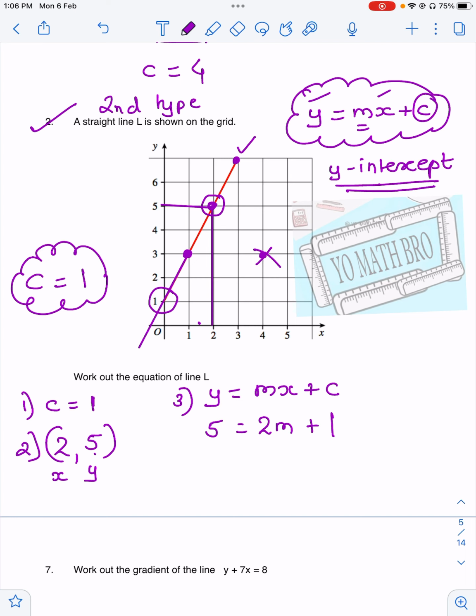Now what I do, I take plus 1 this side. This becomes 5 minus 1, which is 2m. 2m is equal to 4 and m is equal to 4 upon 2. I get m is equal to 2.